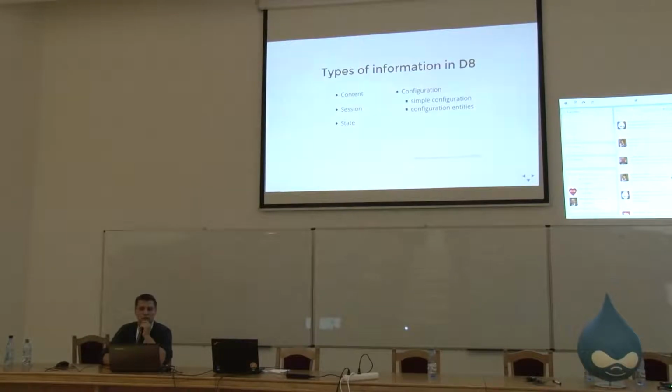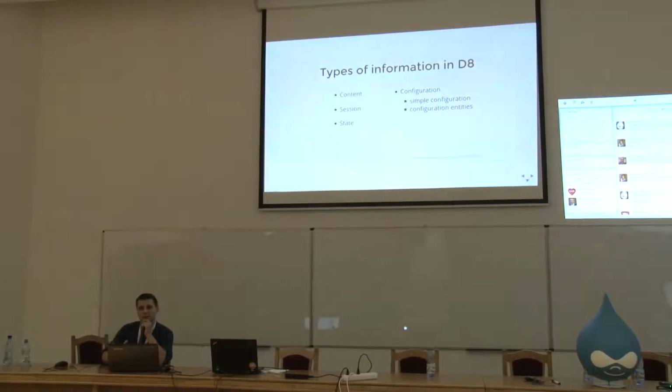And state and configuration, again, have different APIs and different methods, but we use them almost the same way. The main difference is whether we name it state or configuration.